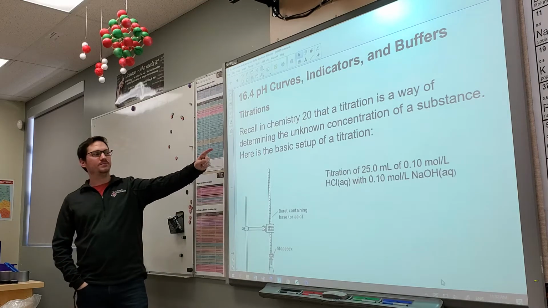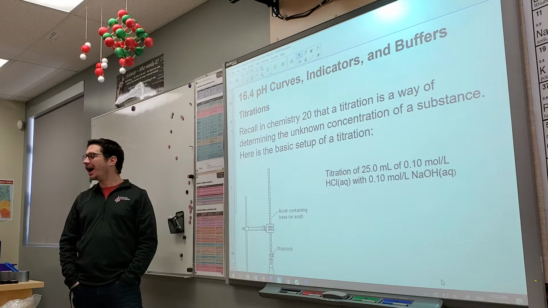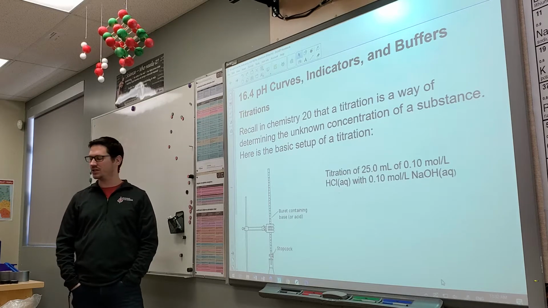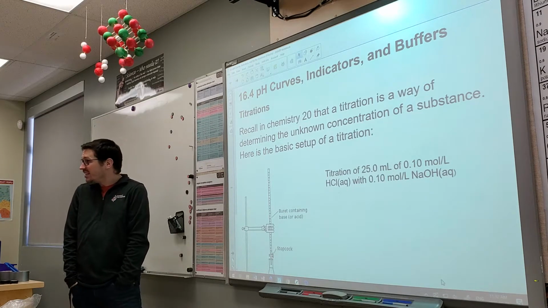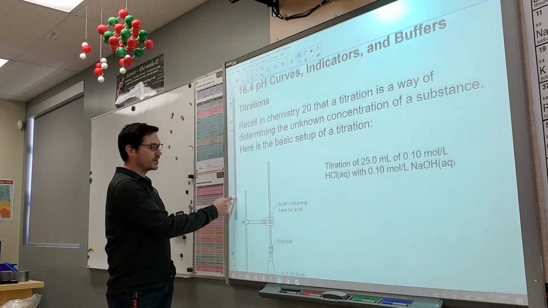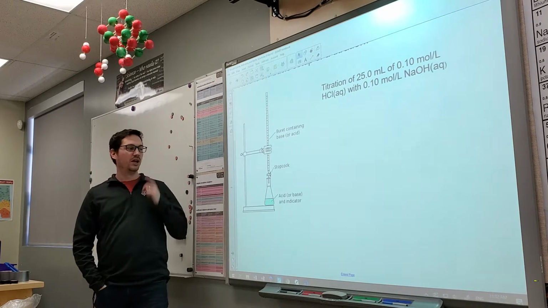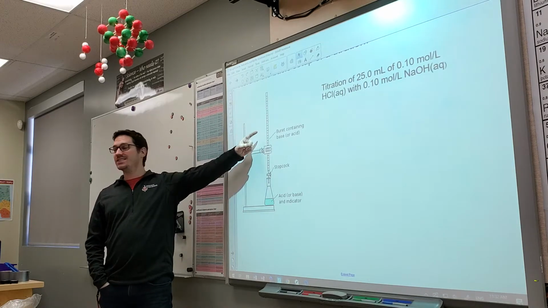Please recall that in Chemistry 20, a titration is a way of determining an unknown concentration of a substance. That's really the only reason why titrations exist. So a titration looks a lot like this. We've got some sort of an acid or a base.